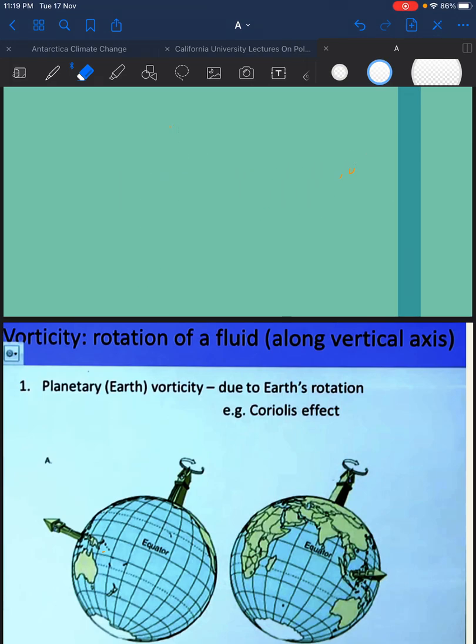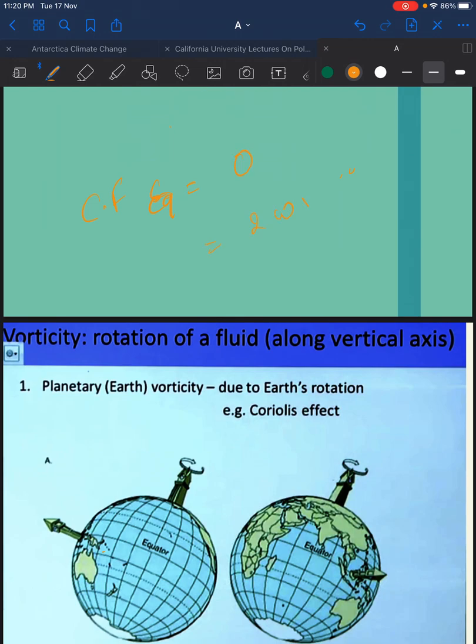Now let's see what planetary vorticity is. We know that because of the Earth's rotation, we have Coriolis force also, and the value of Coriolis force at the equator is 0. How?